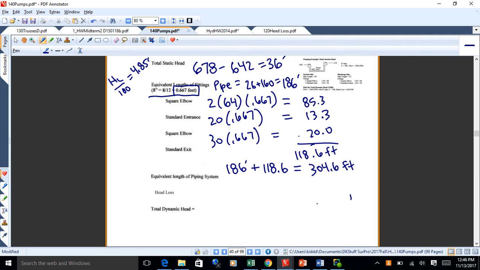We good with that? So find the equivalent length of the fittings, add that to the length of the pipe, and you get the total equivalent length of that piping system that you're pushing the water through.